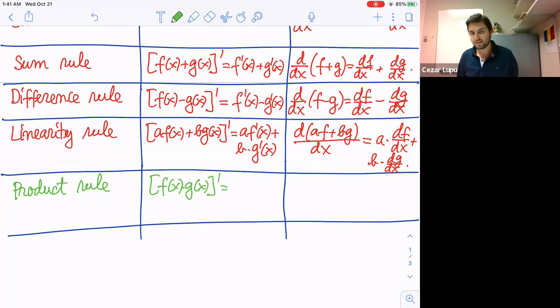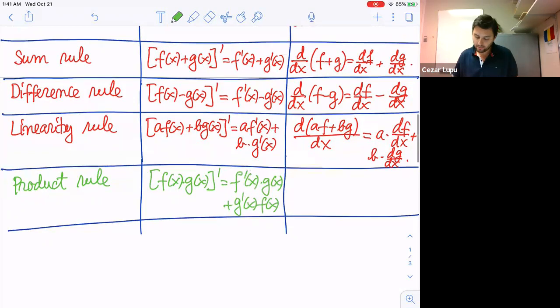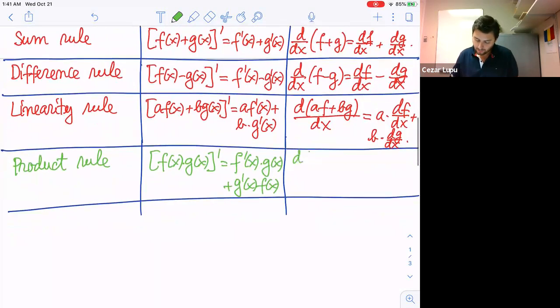Unfortunately, it doesn't behave like the derivative for the sum. It will look something like this: f prime of x times g of x plus g prime of x times f of x. In Leibniz notation, the derivative of fg with respect to x will be nothing else than just g times df with respect to x plus f times dg with respect to x.